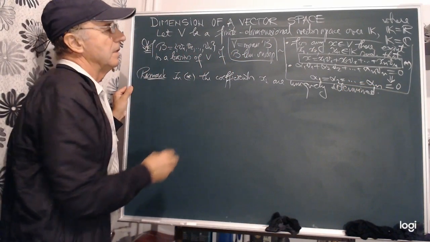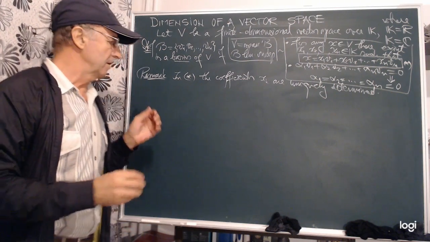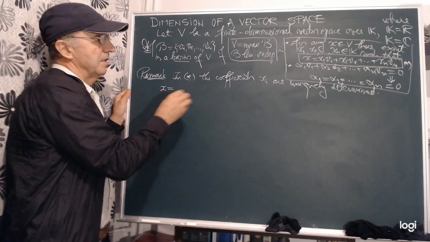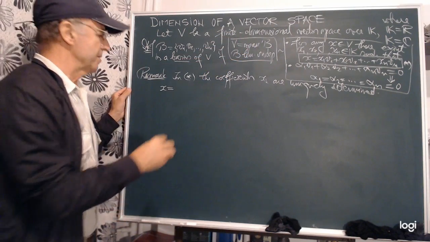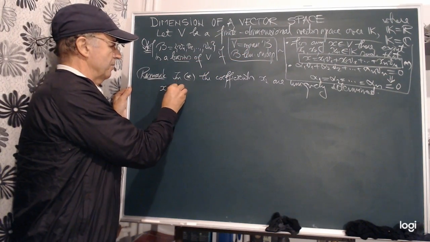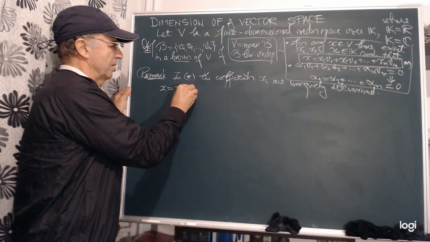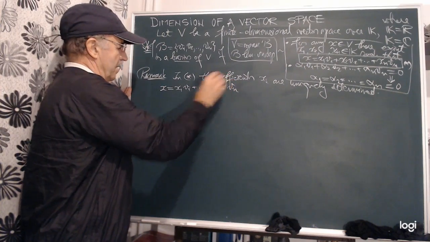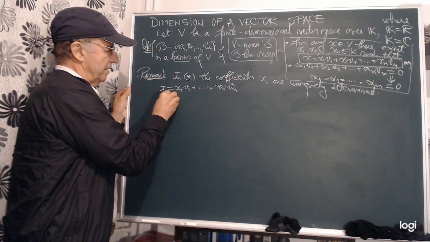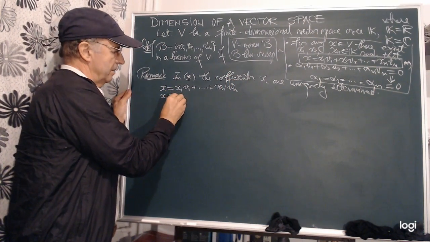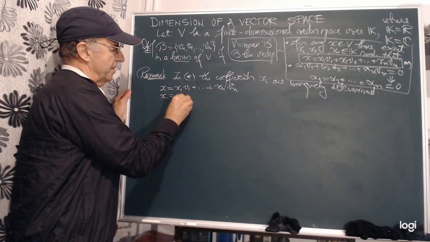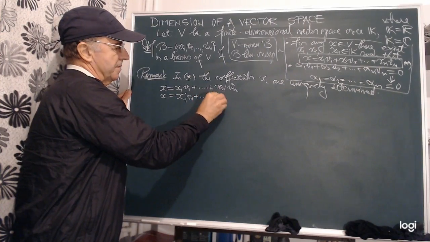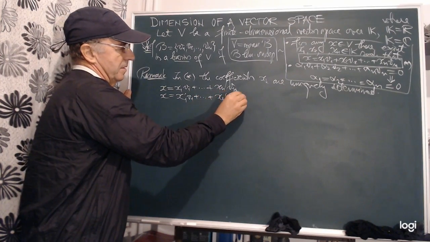Indeed, if we assume that a vector x admits two such representations, x equals x1 v1 plus so on plus xn vn, and the same vector, another representation, x1 prime v1 plus so on plus xn prime vn.